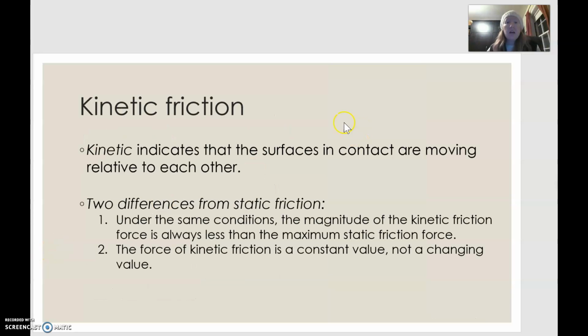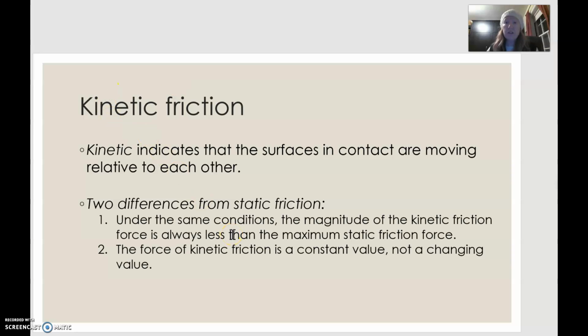Then we have a type of friction we call kinetic friction. So when two dry surfaces are in contact with each other and are sliding or slipping relative to each other, we call that kinetic friction.